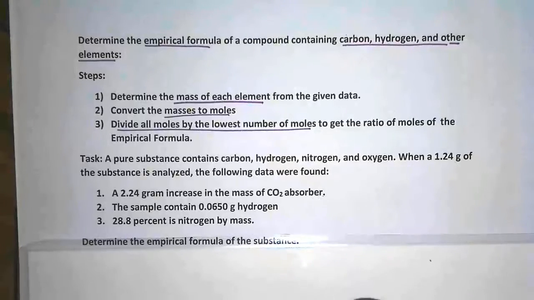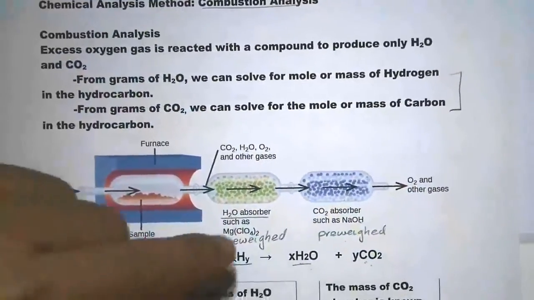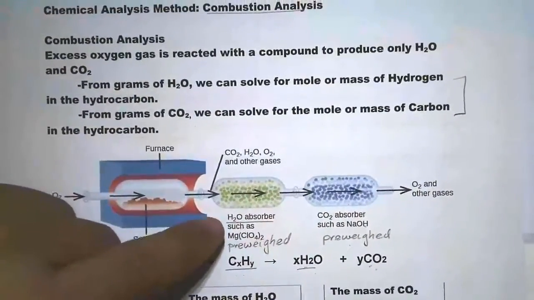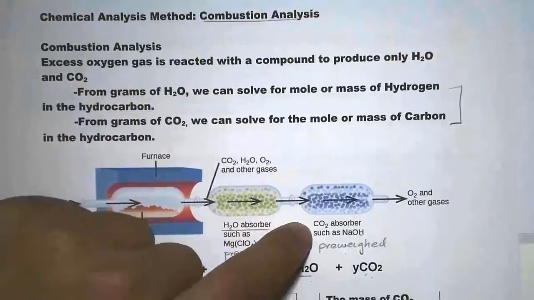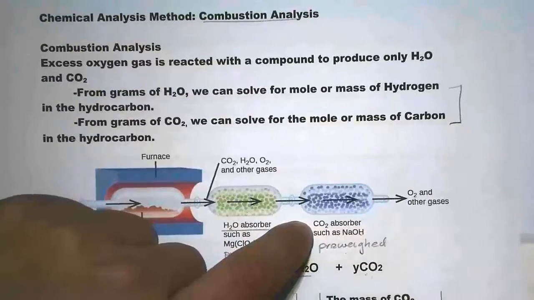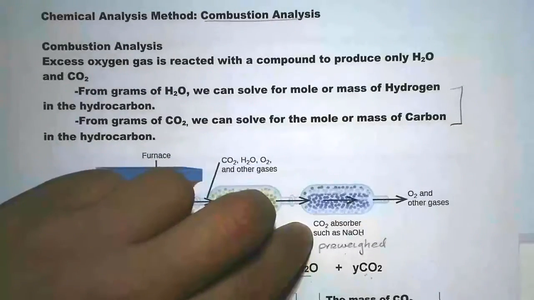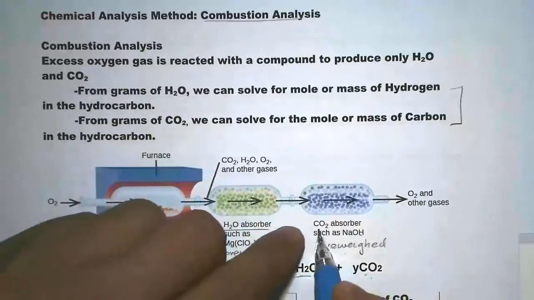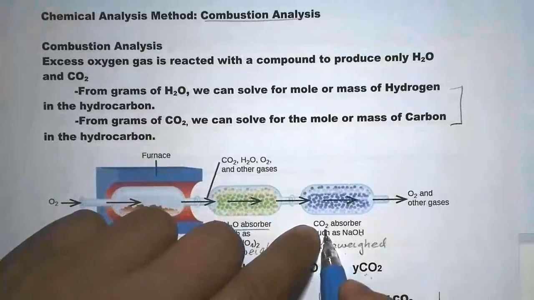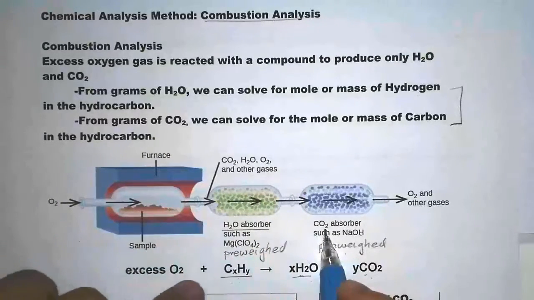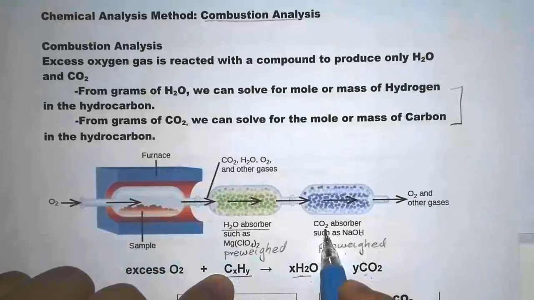And remember, the combustion analysis is about finding what is being absorbed, either water or carbon dioxide. The change in the absorber, in this case carbon dioxide, is how much mass of carbon dioxide is being produced. And that allows us to convert from carbon dioxide produced to the mass of carbon in the substance.